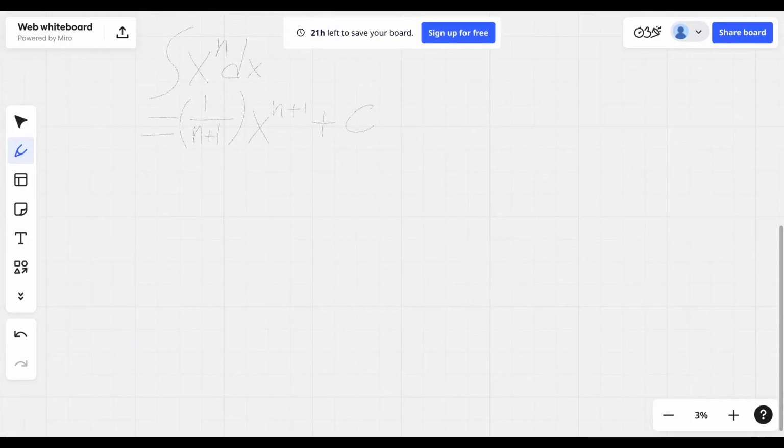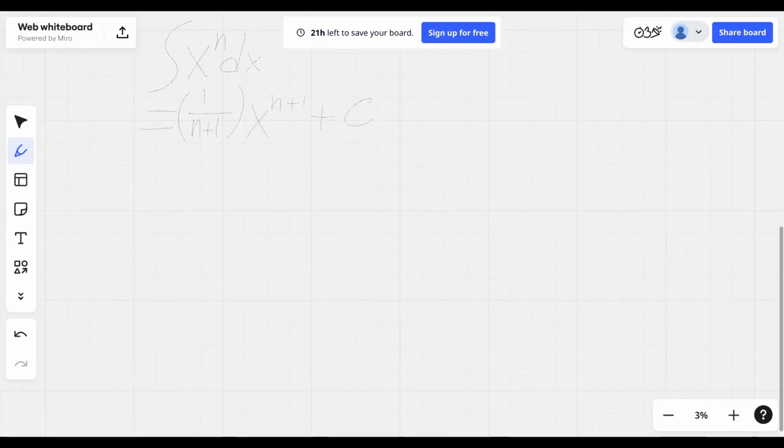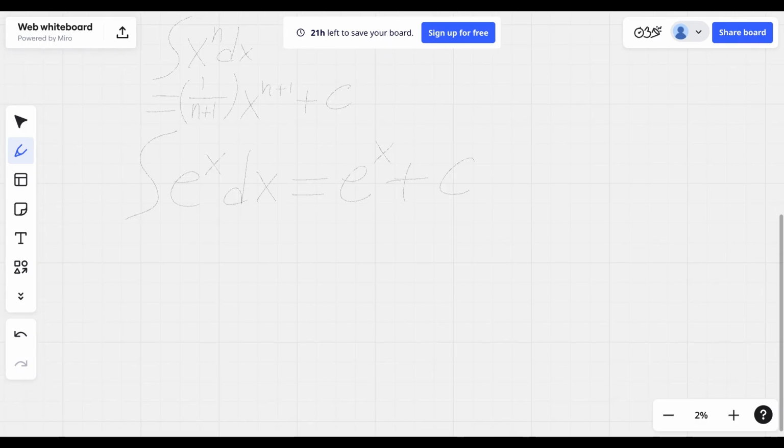Add 1 to the exponent, divide by the new exponent. And another integral that you should memorize is the integral of e to the power of x dx. So e to the x, its integral is still just e to the x plus c. Because when you take a derivative of e to the x, it is still just e to the x. So the integral is the same thing, just e to the x.